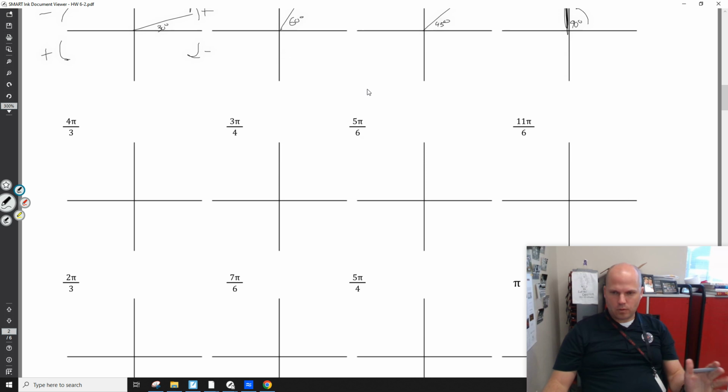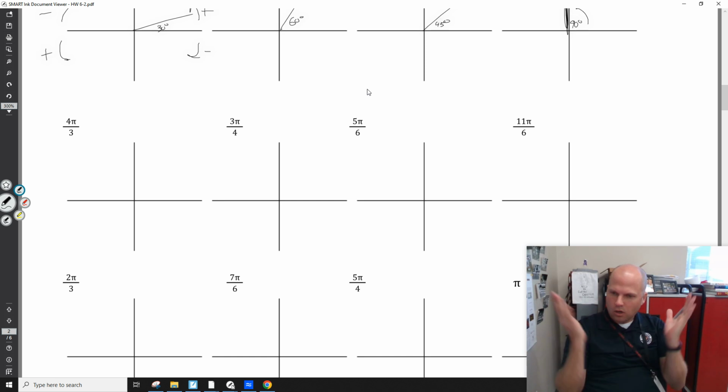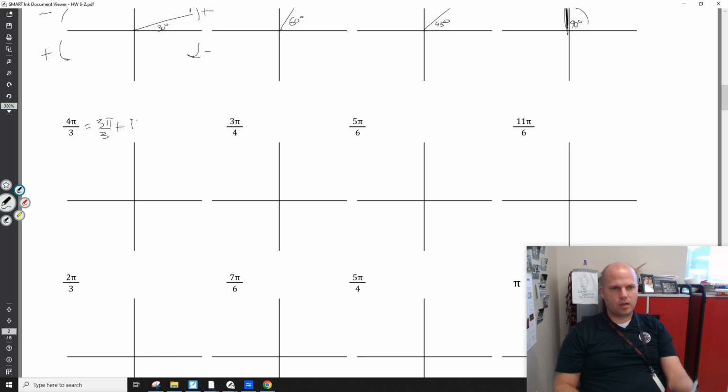Now, here come the tougher ones, but it's not that tough if you just keep the idea in mind. I'll do it for the first couple, and then I'm just going to talk you through it, because you need to be able to do this pretty quickly, eventually doing a lot of different steps when we're combining trigonometry and radians in your brain. 4 pi over 3, I know, is a pi over 3 away from 3 pi over 3.